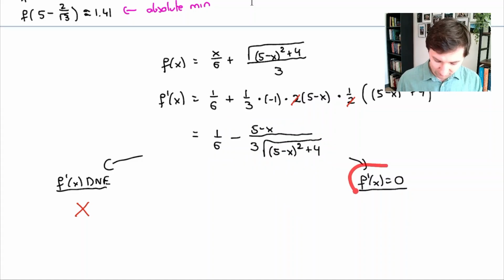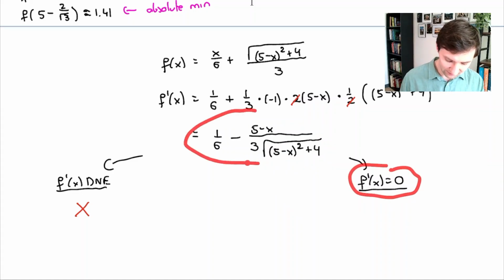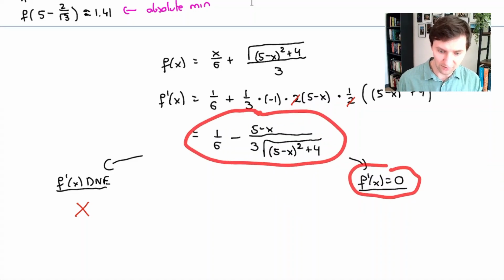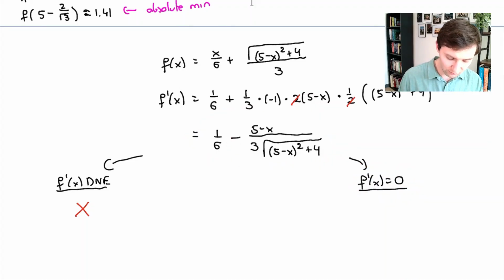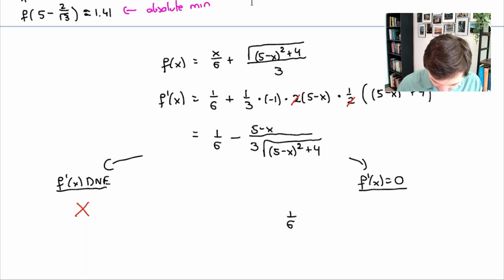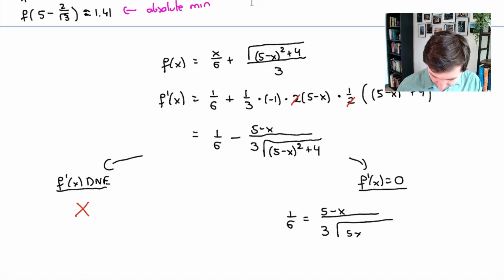To determine when this derivative equals 0, I set this equal to 0. When I set it equal to 0 and I move the fraction to the right side of the equation, I will get that 1/6 equals that expression on the right side, (5 minus x) divided by 3 roots of (5 minus x) squared plus 4.